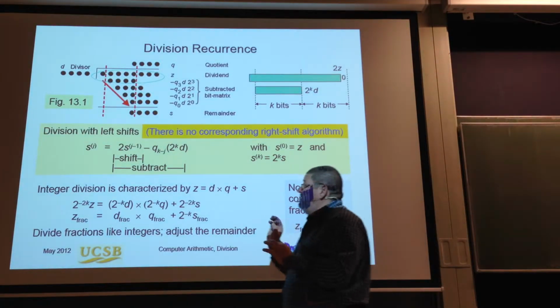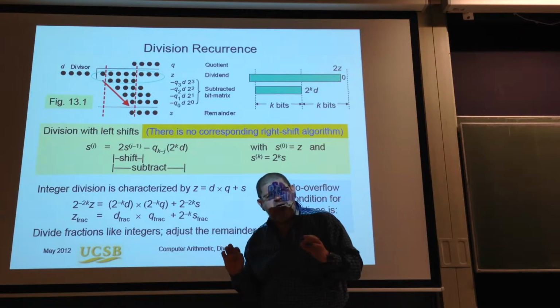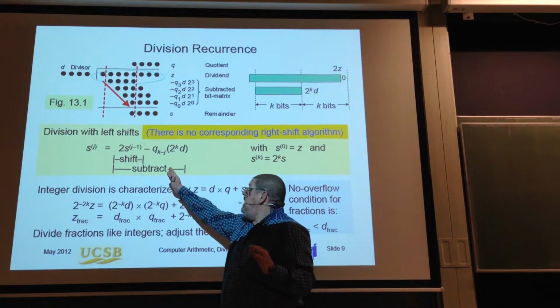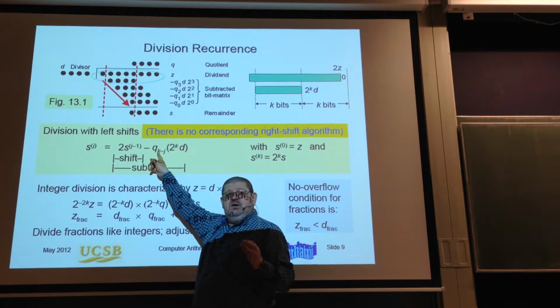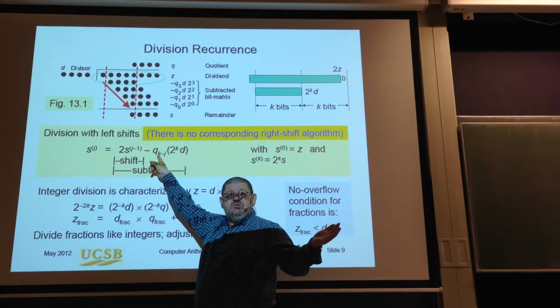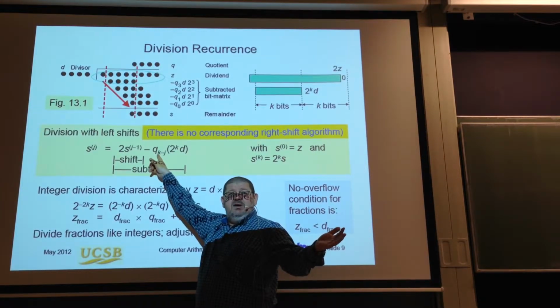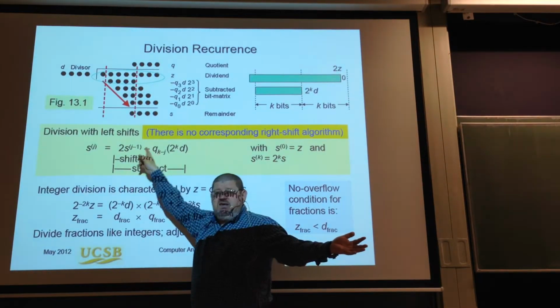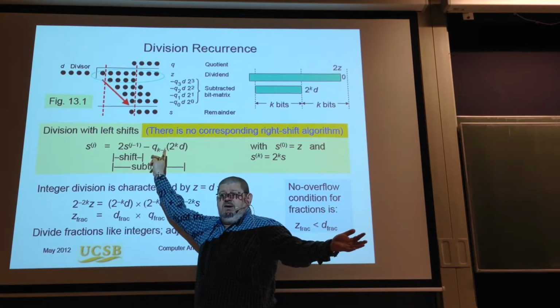Then you see, my iteration is kind of simple. I'm doing a shift and a subtract. And because this is binary, I either subtract something or I waste my time. If I go for higher radix, things will get complicated.